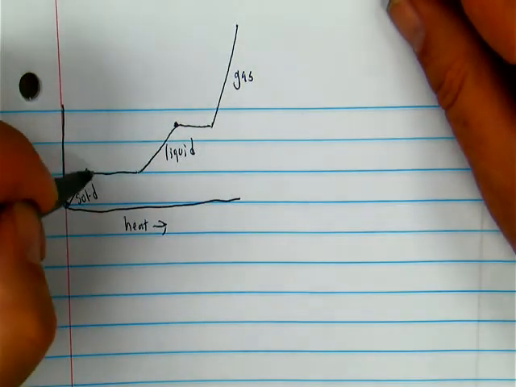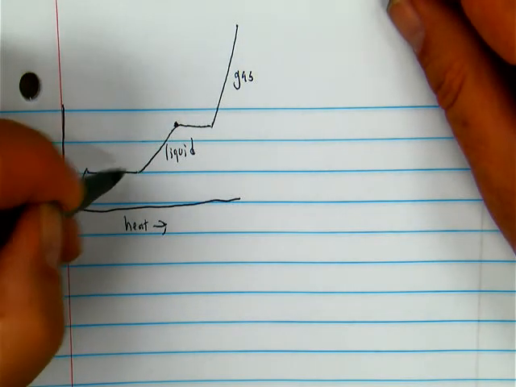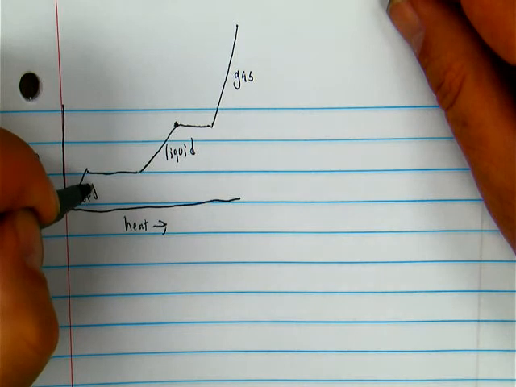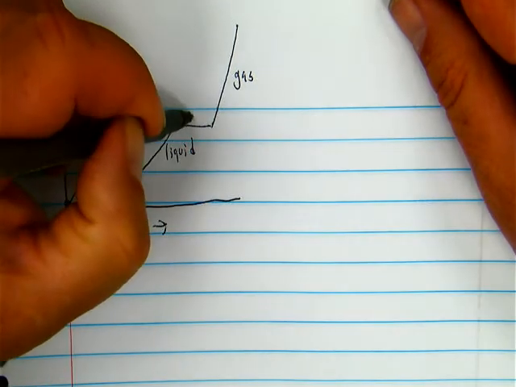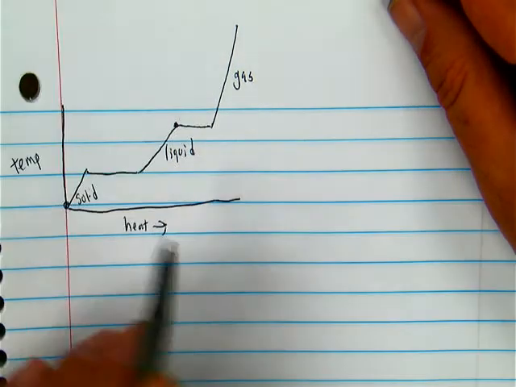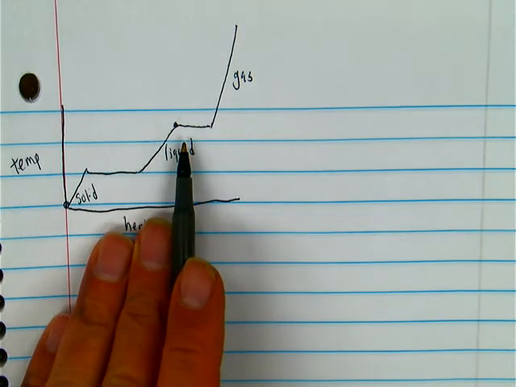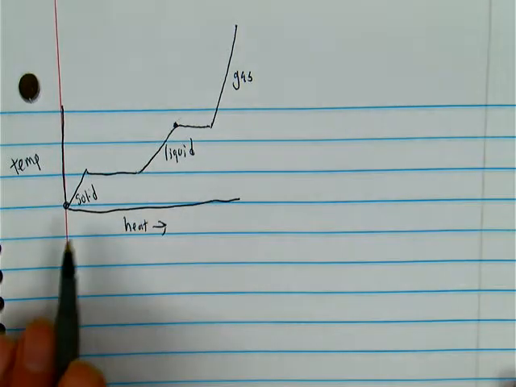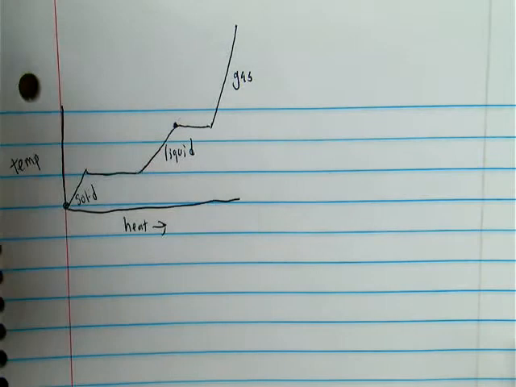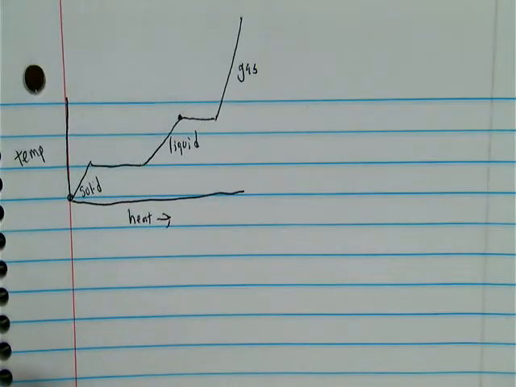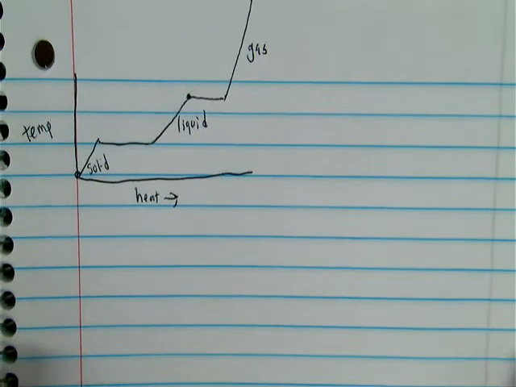Going to the right, we would call this melting. Going to the left, we would call it freezing. Going to the right, we would call this vaporization. Going to the left, we would call this condensation. And there is a term for going directly from solid to gas, but we're not dealing with those substances these days.